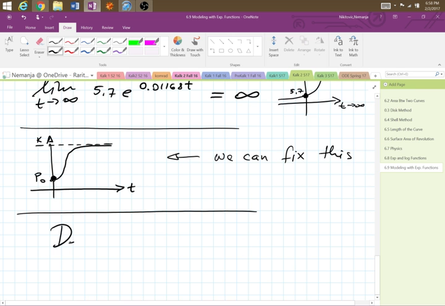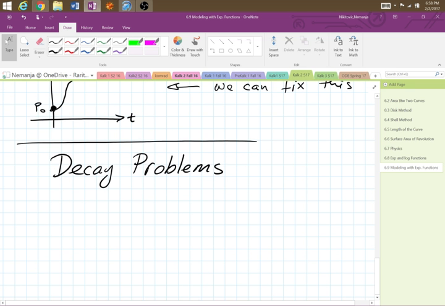So decay problems. First of all, there is a concept of half-life. Maybe I should do this in red because it's important.